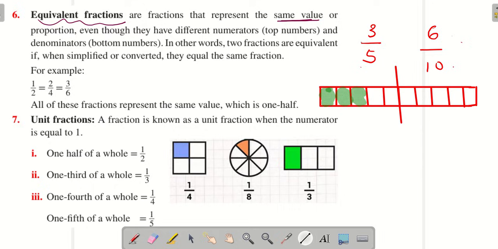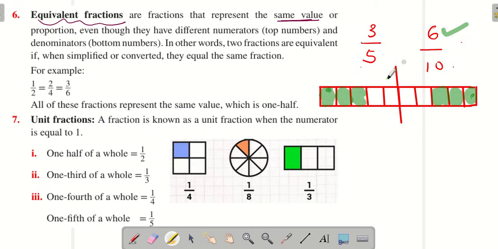So I can also shade another 3 here: 1, 2, 3. So you realize that in the 10 boxes, we have shaded 6. The part that we have shaded is 6, and that is the numerator.